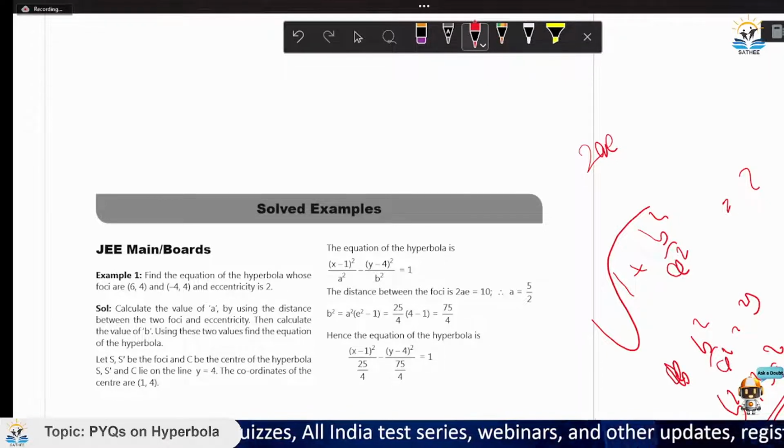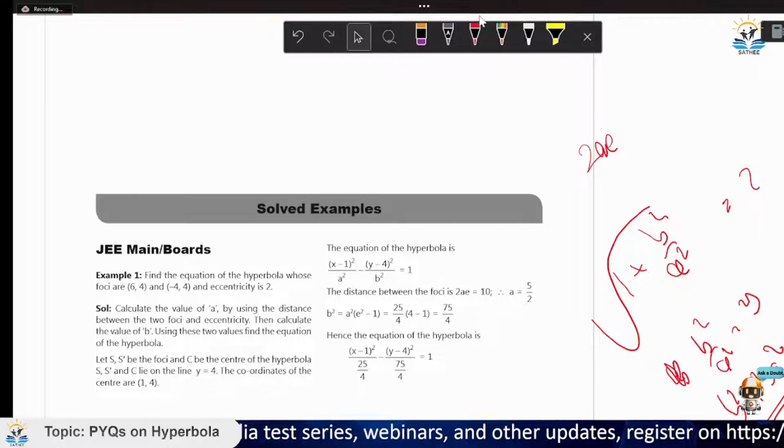Are we sure about the distance between the foci of a hyperbola? Just give me a minute.